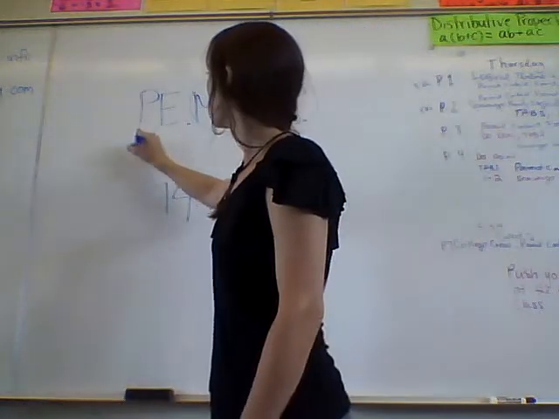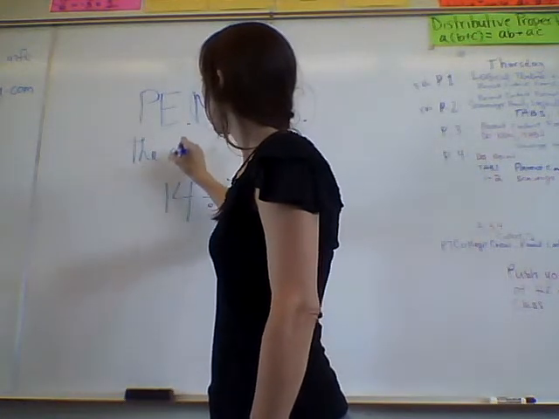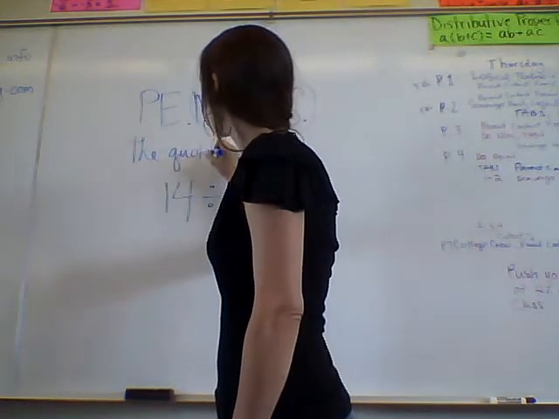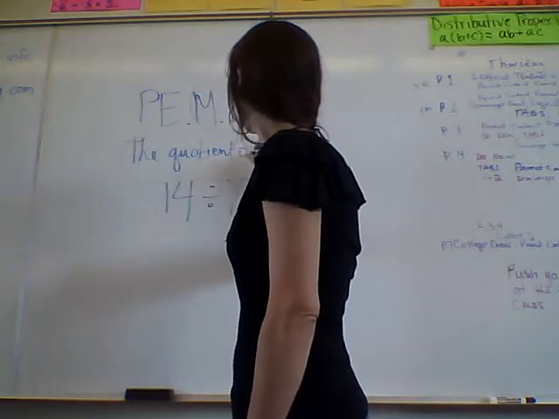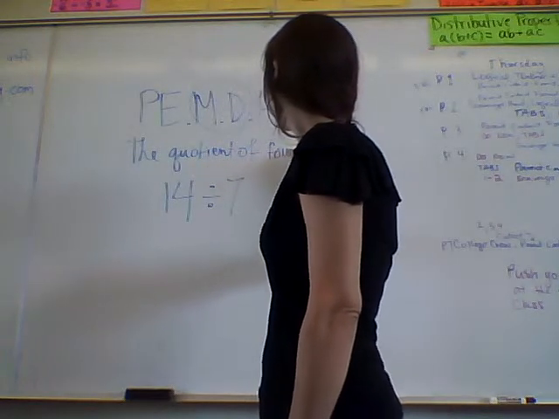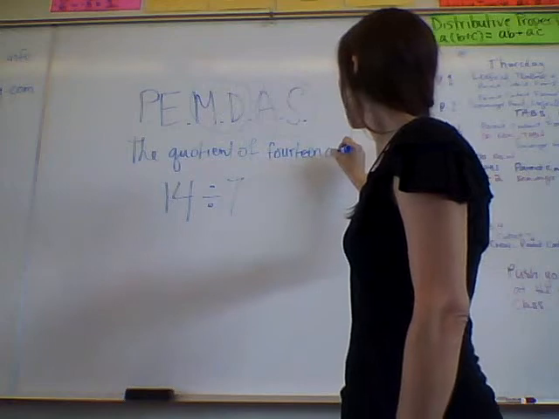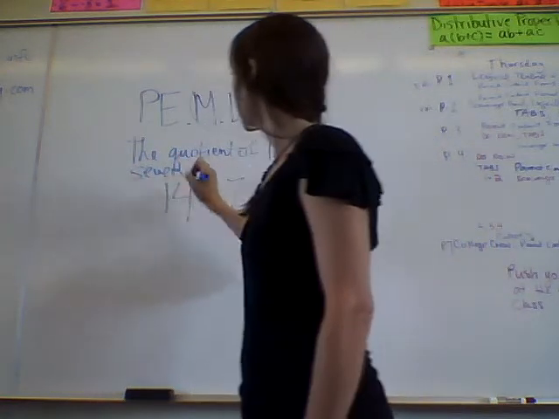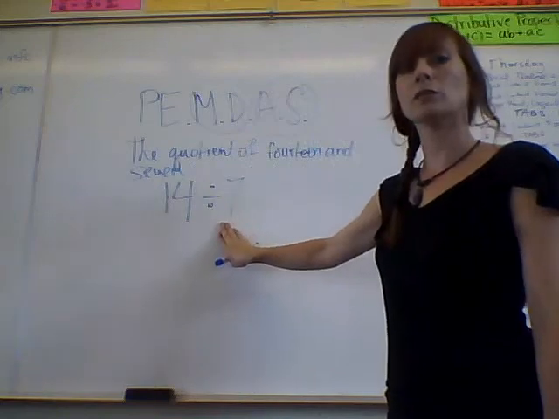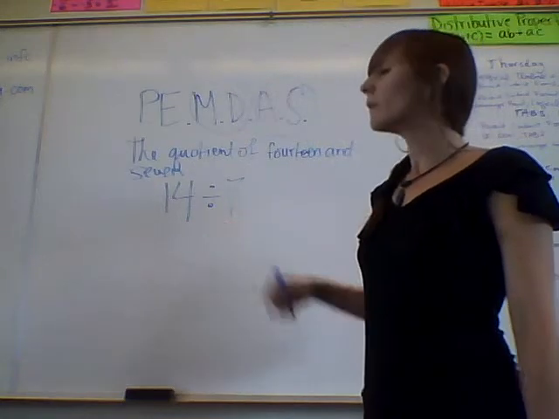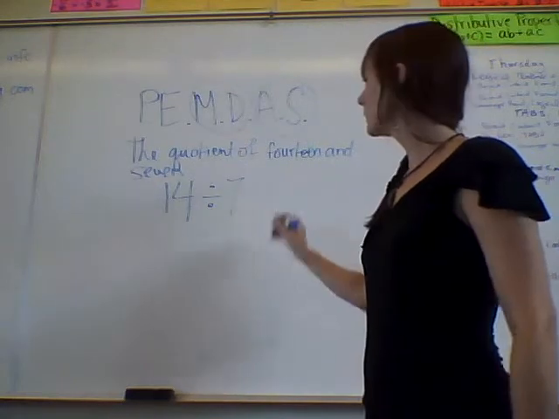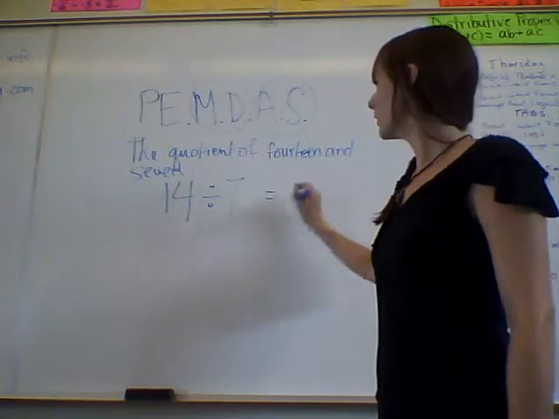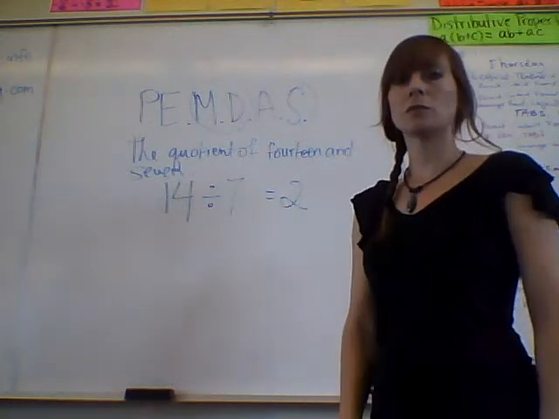So the verbal phrase was the quotient of 14 and 7. Okay, and this is how you translate it into a numerical expression. If you were asked to evaluate it also, you would just answer it. 14 divided by 7 equals 2. You'd evaluate it.